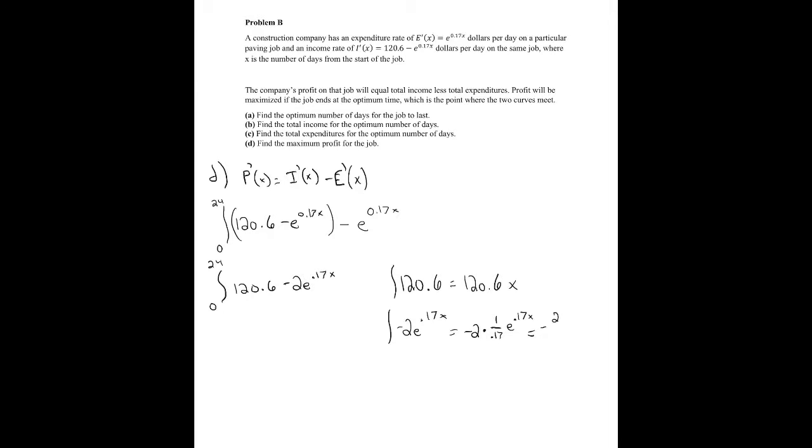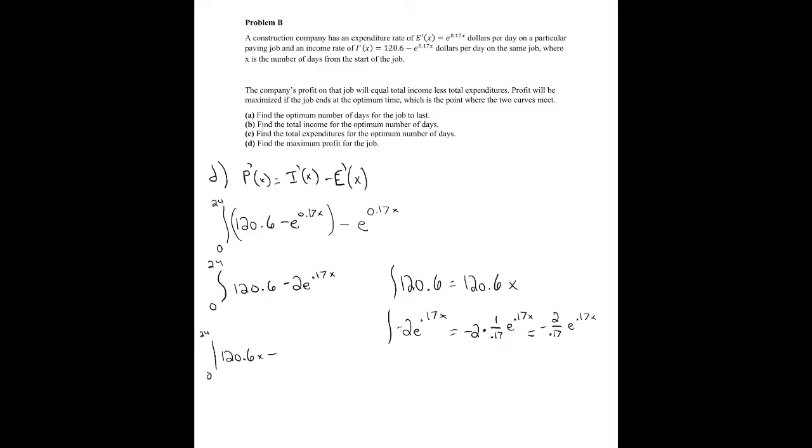That is involving our constant for the antiderivative rule and the exponential function antiderivative rule. So now that we've found our antiderivatives, we're going to want to combine them together. So it will be 120.6x minus 2 over 0.17 e to the 0.17x, keeping the upper and lower bound the same.